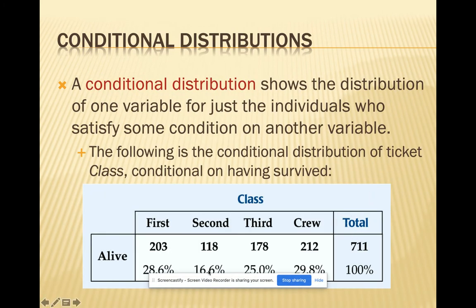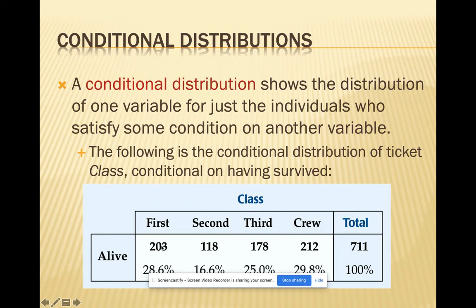Okay, so this is the conditional distribution of ticket class. That's what's distributed here, conditional on having survived. So we want to know what percent of the people who lived had a first class ticket, second class ticket, third class ticket, and were crew members.